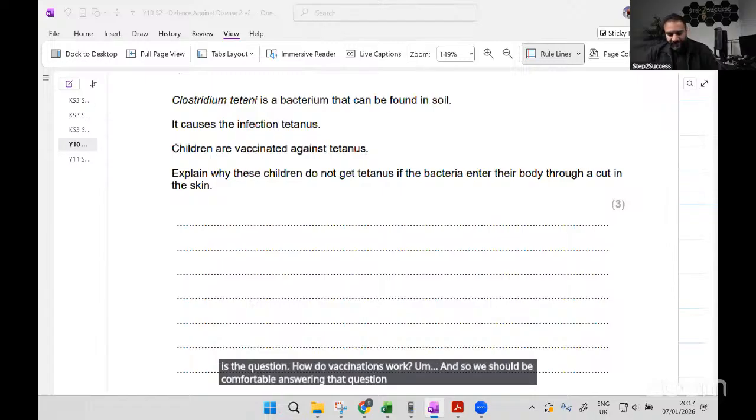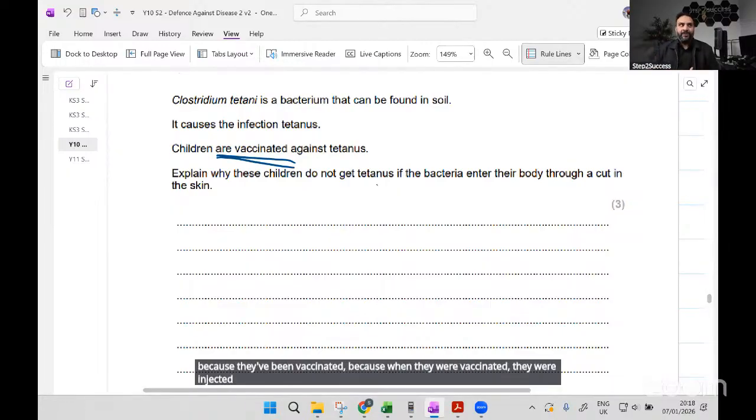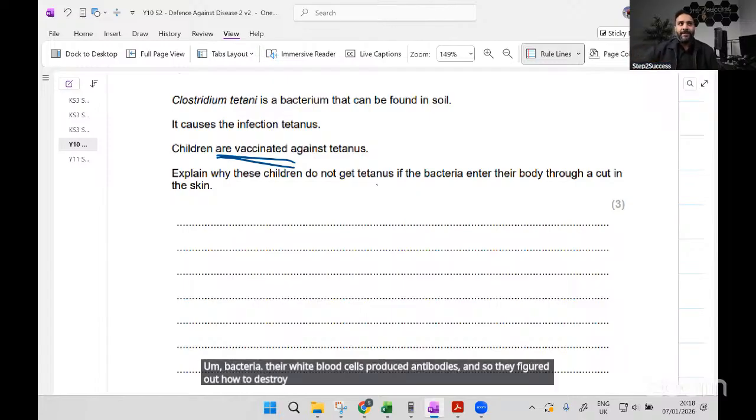These children don't get tetanus because they've been vaccinated, because when they were vaccinated, they were injected with a dead version of the tetanus bacteria. Their white blood cells produced antibodies, and so they figured out how to destroy the tetanus bacteria.